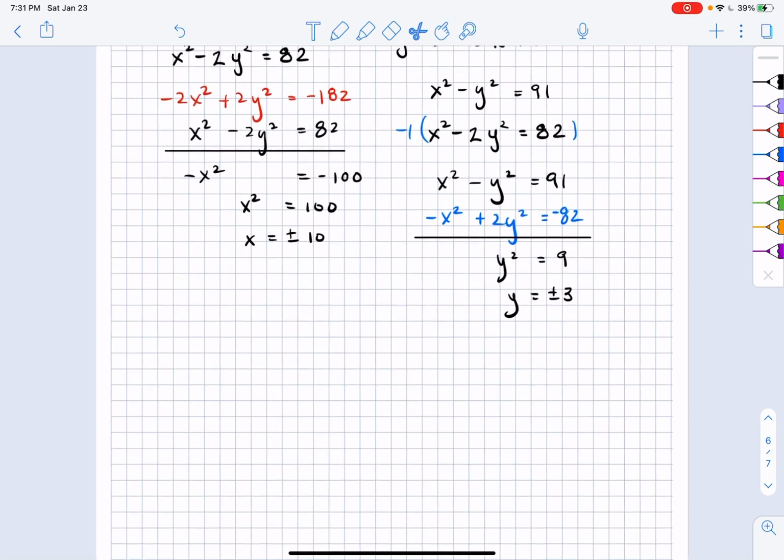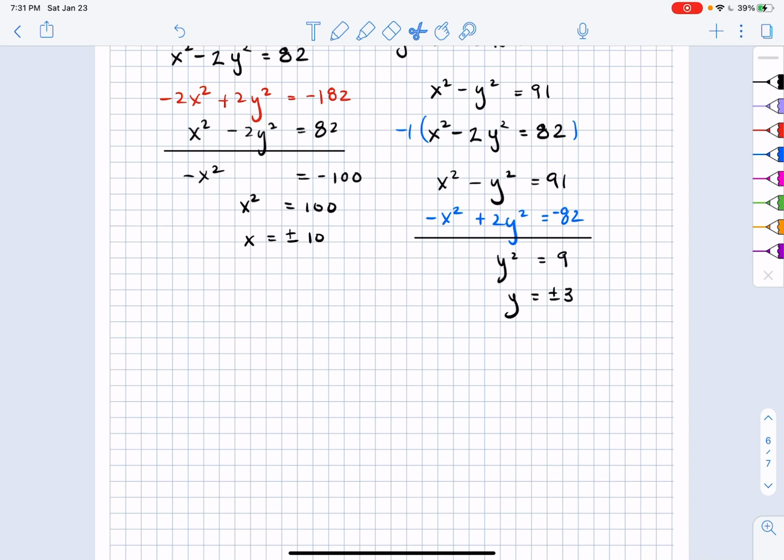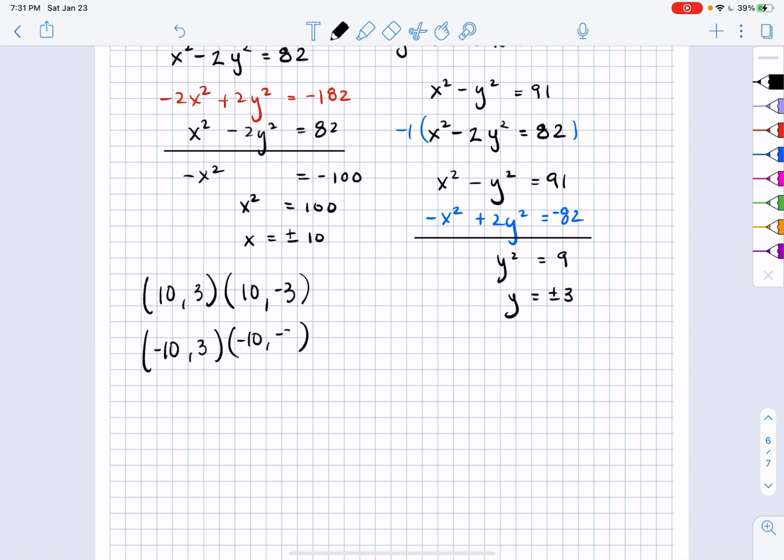How should I say this? Because I got the plus and minus 3 and I got the plus and minus 10, my answer is going to be a combination. So in other words, when x is equal to positive 10, I can get a positive 3 and a -3. And when the x is -10, I could get both the positive 3 and -3 as well.